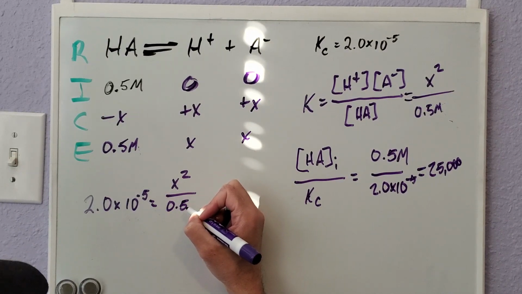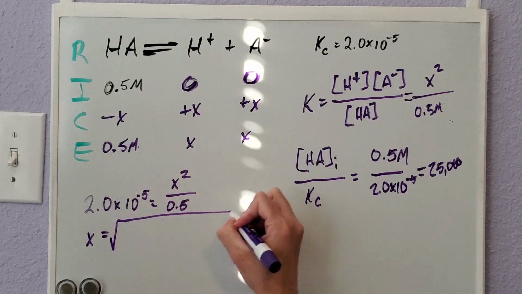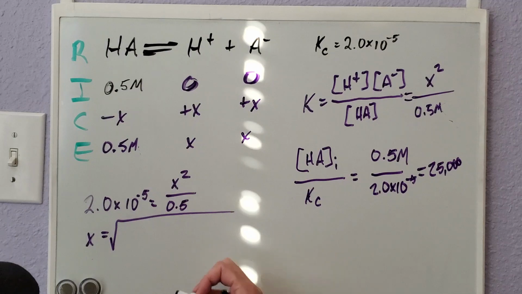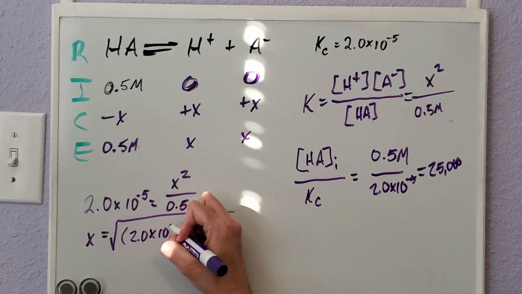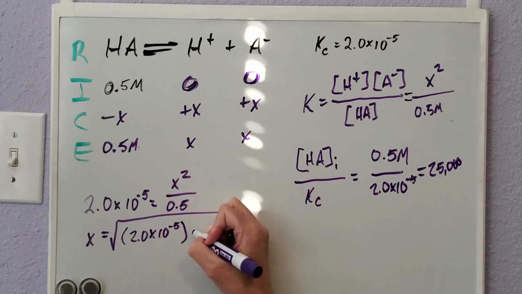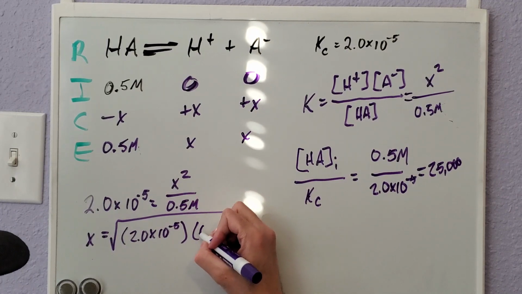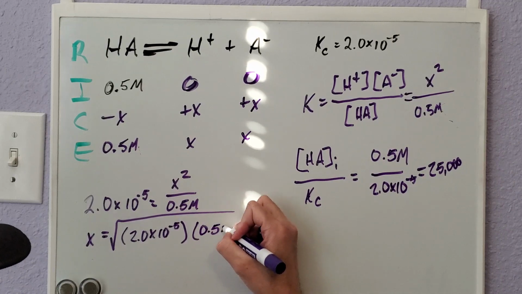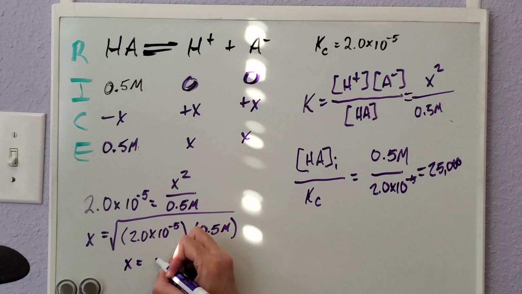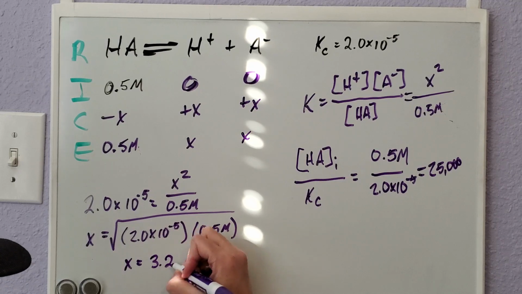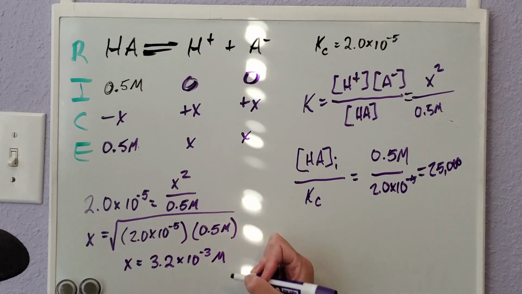Once we go from there, in order to isolate x, we'd have to take the square root of our 2.0 times 10 to the negative 5 times our 0.5 molarity. And solving for this, I end up getting x is equal to 3.2 times 10 to the negative 3 molarity.